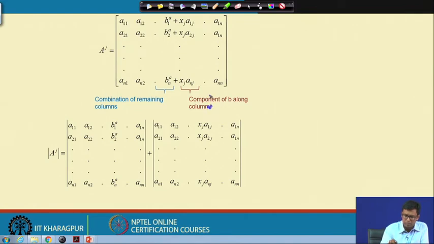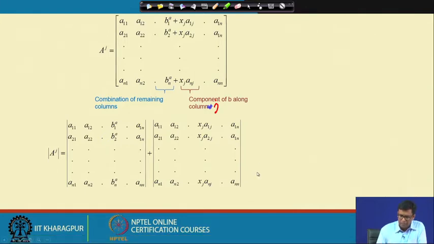This should be column j. So, if I try to take its determinant, and we have discussed different properties of determinants, that if we decompose a column into two parts, the determinant can also be decomposed accordingly. Therefore, one part of the determinant is due to the combination of all columns except j, another part is due to j.